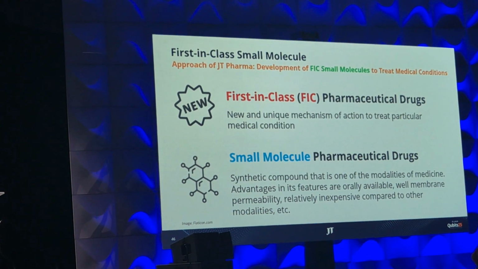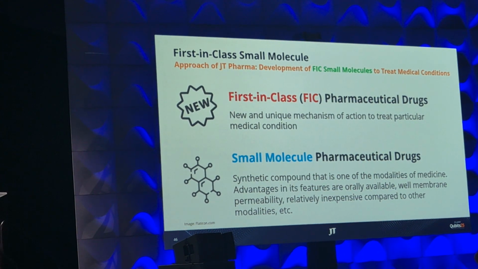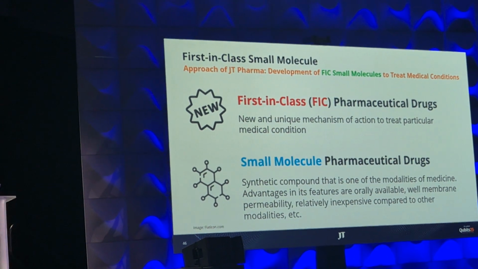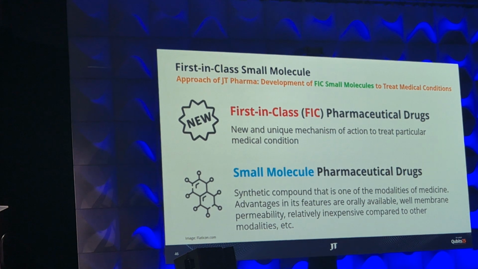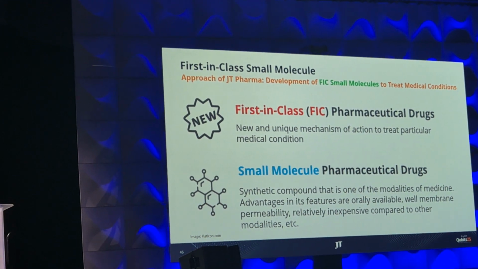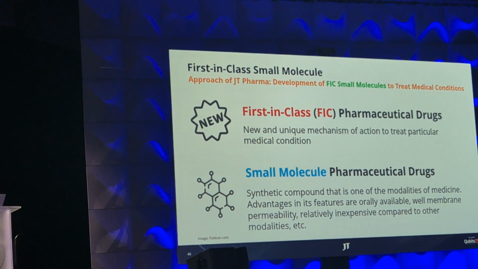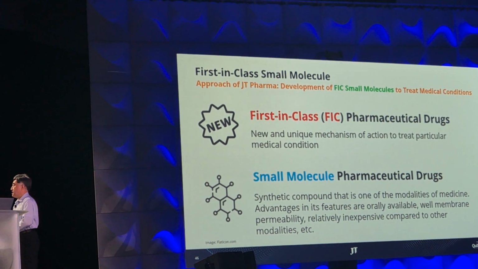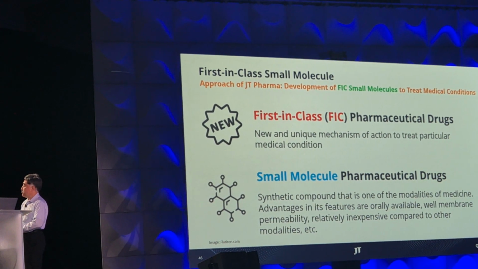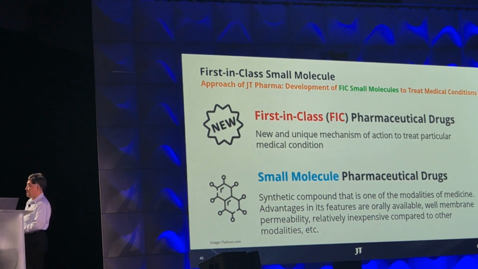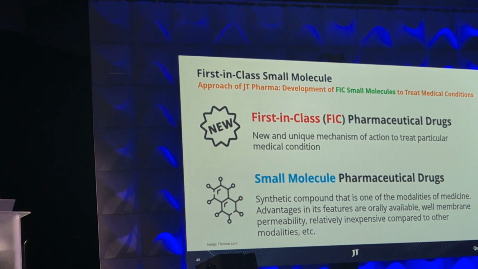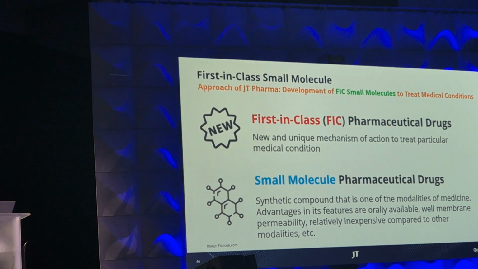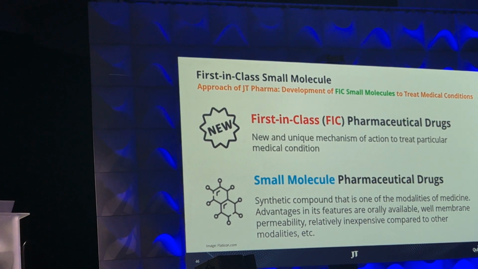This is our strategy for drug design. First, we are focused on the small molecule because great advantages are there, such as orally available, well-maintained permeability, relatively inexpensive compared to other pharmaceutical modalities.